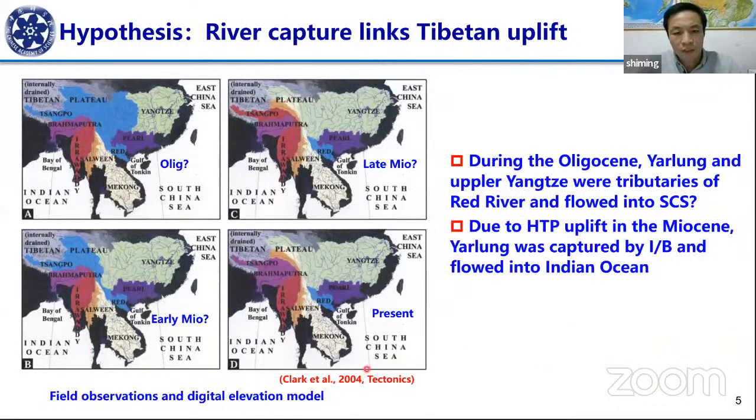So in 2004, Clark and his colleagues presented a famous hypothesis about Asian river capture and its links with uplift of the Tibetan plateau. Based on field observation and digital elevation models, they suggested that during the Oligocene, the Yarlung River and the upper reach of the Yangtze River were parts or tributaries of the Red River and flowed into the South China Sea.